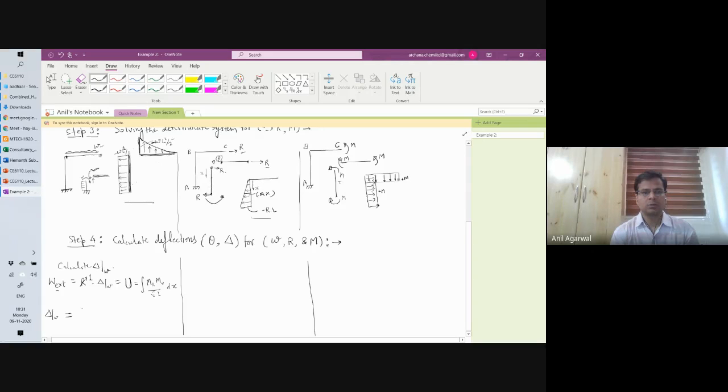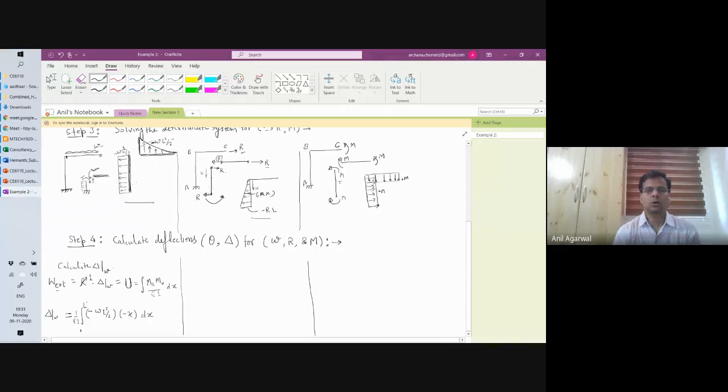It will be equal to the integral. I'll only do this calculation for the vertical member. For the vertical member, M real is equal to, since both of them are minus, anyway I'll write it, W L square by 2, that is M real, and then M virtual is minus Rx, and R is equal to 1 here, so minus x, dx, divided by EI.